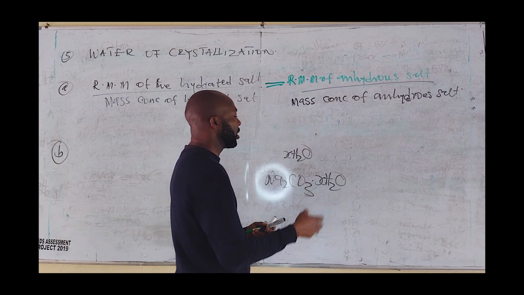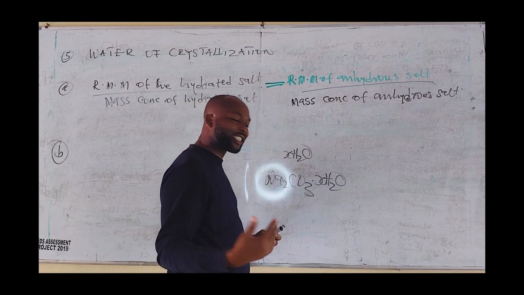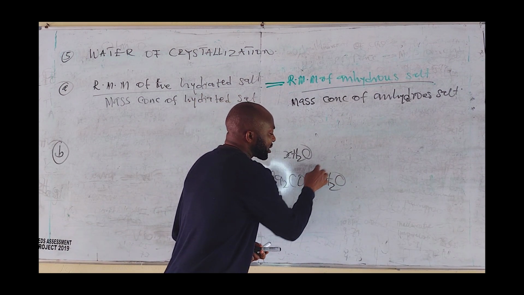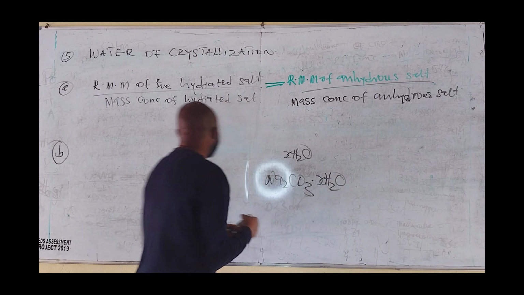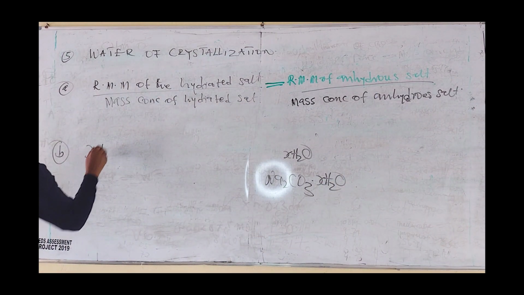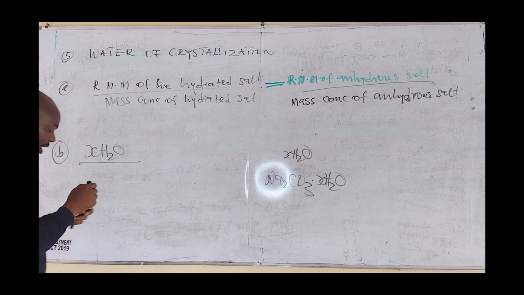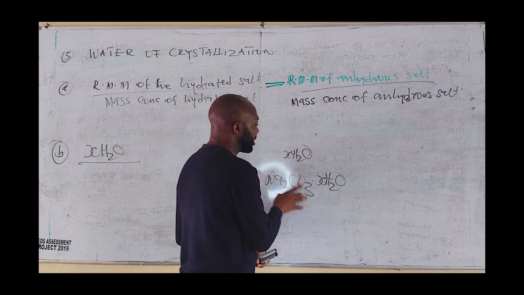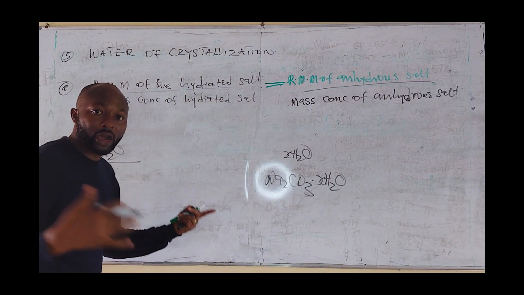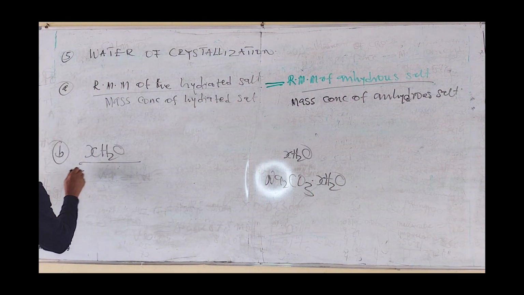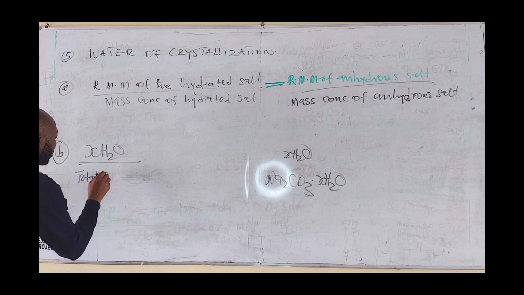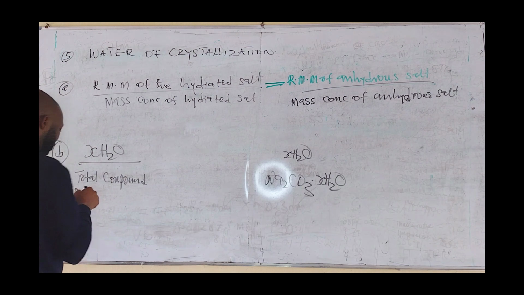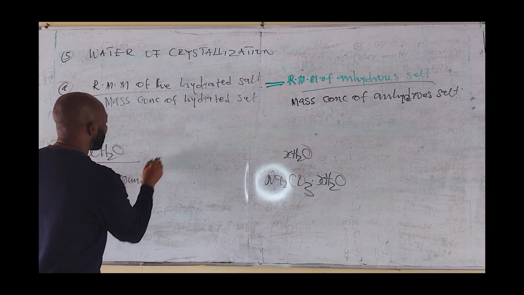So 18 times X. So for you to be able to calculate the percentage of water of crystallization, it becomes the mass of this, 18X, which I call X water, all over the total compound, the hydrated compound, which is this and this. So I'll call it total compound in my own language, times 100.